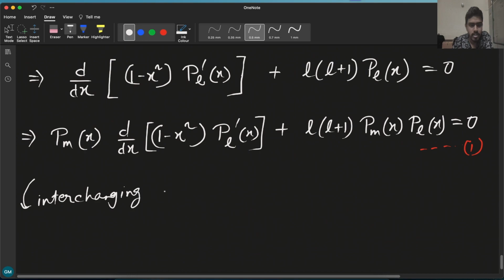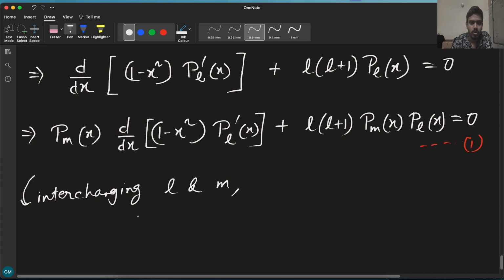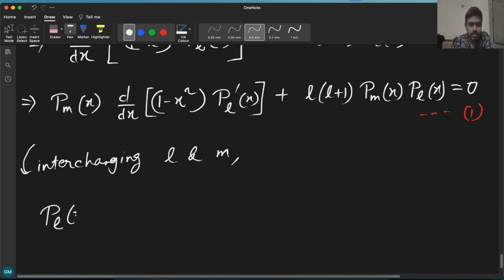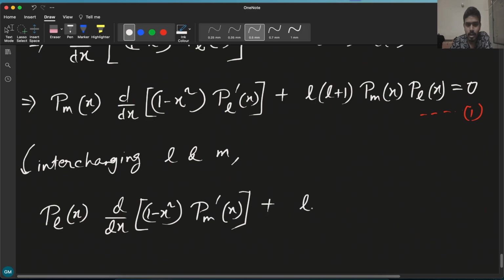Interchanging l and m, what we get is P_l(x) d/dx of (1 minus x squared) P_m dash(x), plus, sorry, this is not l, I am interchanging l with m, so it is m times (m plus 1) P_m(x) P_l(x), equals 0.